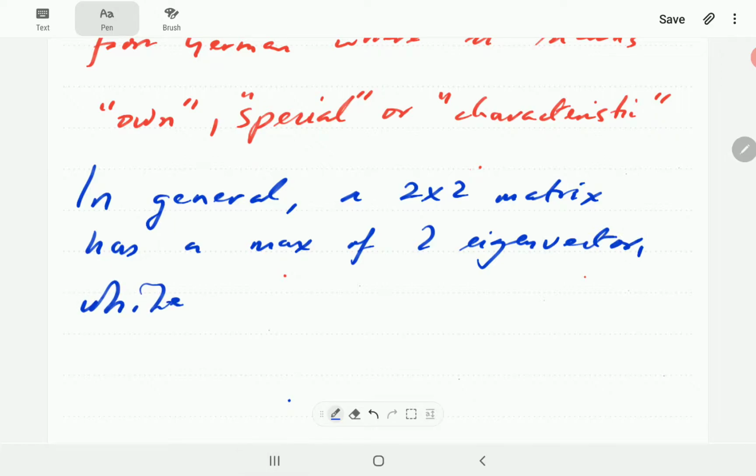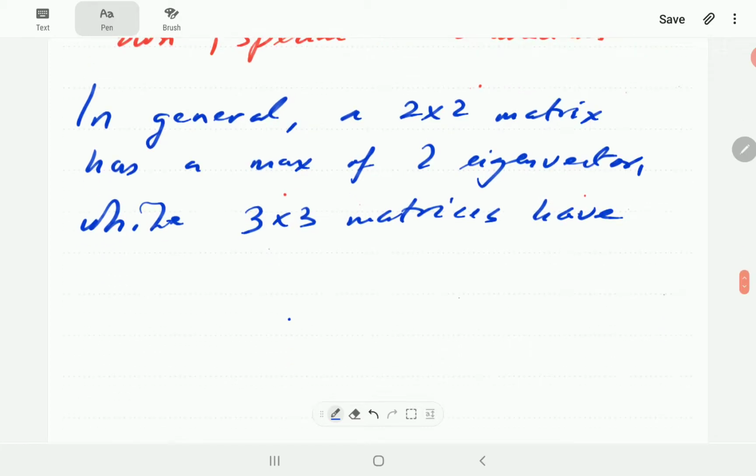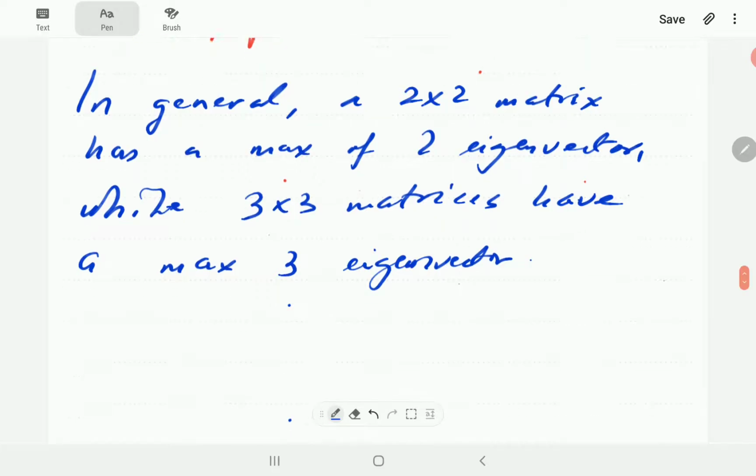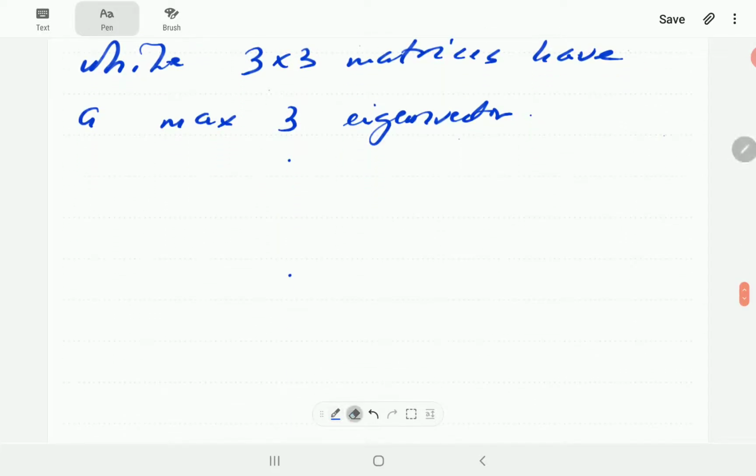On the other hand, 3 by 3 matrices have a maximum of 3 eigenvectors, and of course each eigenvector has got an associated eigenvalue.